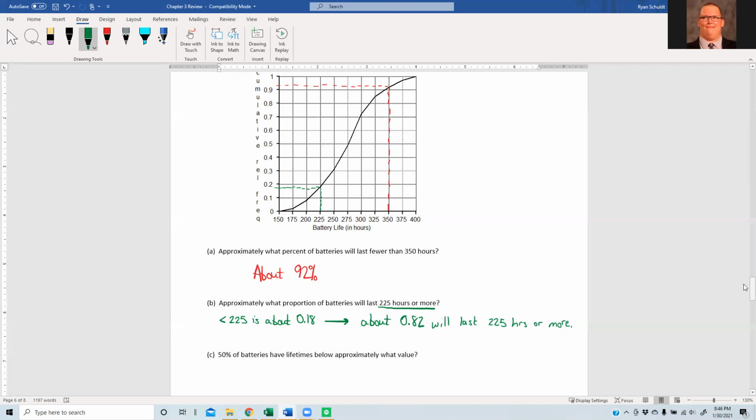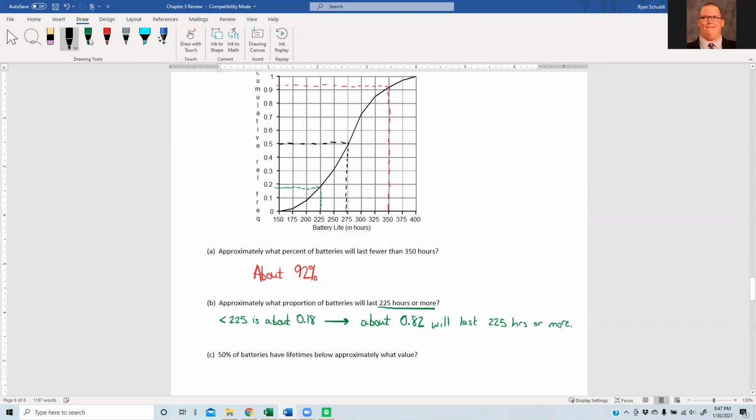Okay, then C says 50% of batteries have lifetimes below approximately what value? So I've got a 50%, that's going to be on my y-axis this time. I follow it over to my graph. Boom, I hit there, and then I go straight down.